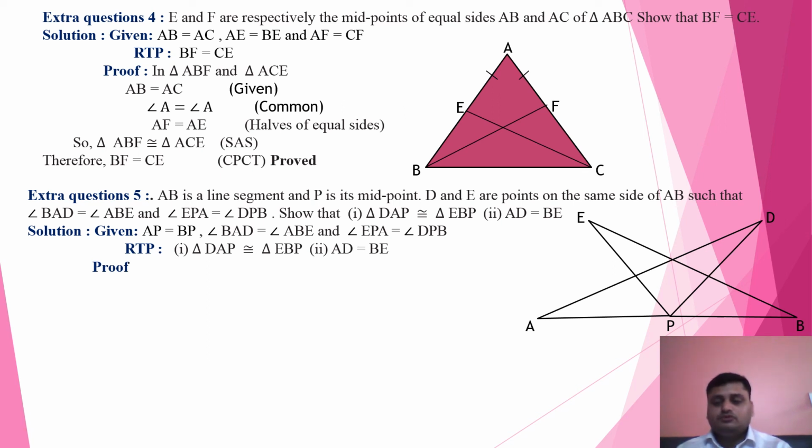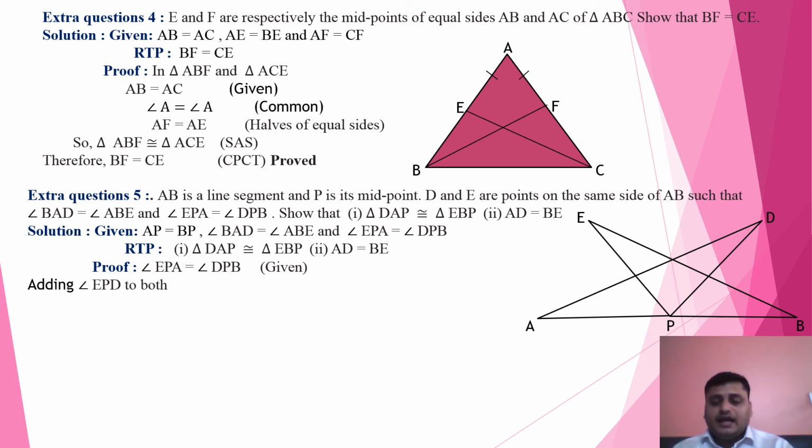Let's begin the proof. Before taking those two triangles, what is given, we will also take, that is angle EPA is equal to angle DPB. This is given in the question, and the common part is EPD. So we will add this EPD to both sides.